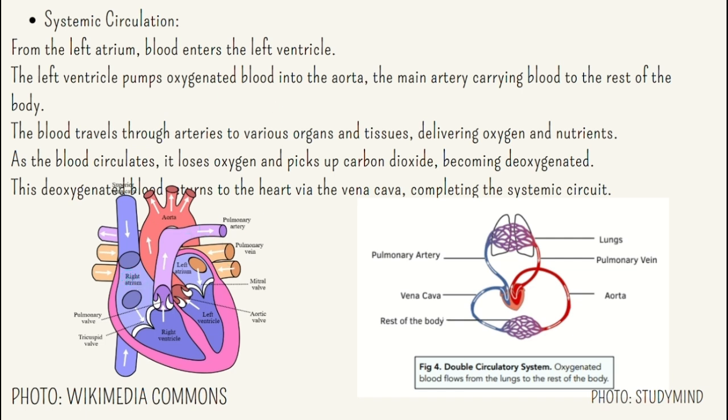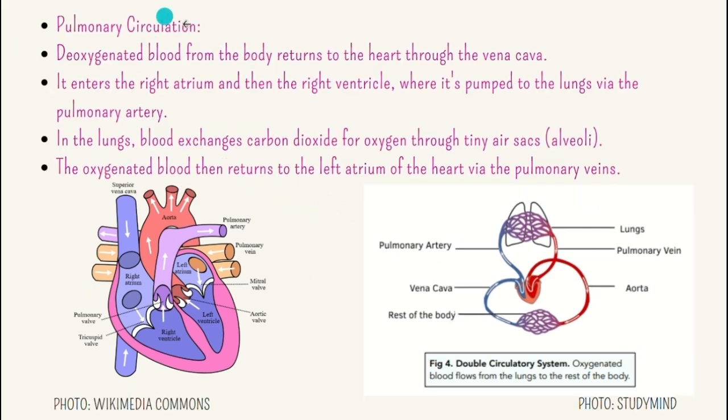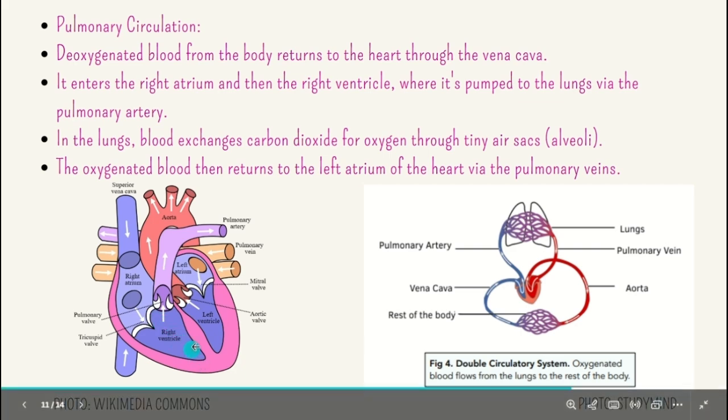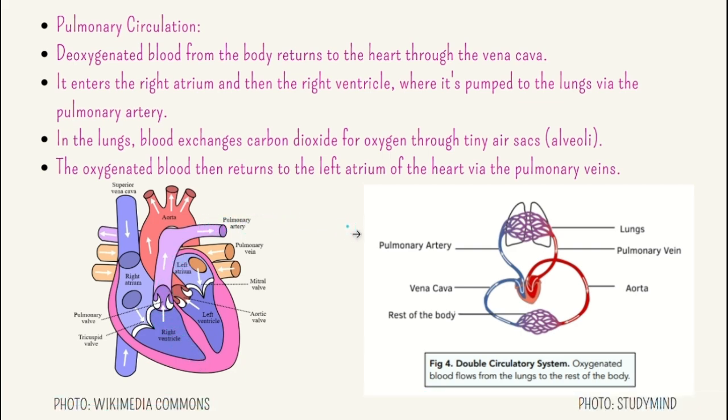So this deoxygenated blood returns to the heart with the vena cava, completing the systemic circuit, right? So as you can see, it's a cycle. The pulmonary circulation starts out with deoxygenated blood coming to the vena cava, right atrium, right ventricle, and then out through the pulmonary artery to the lungs, right? So that's what happens. Obviously, in the lungs you have tiny air sacs called alveoli.